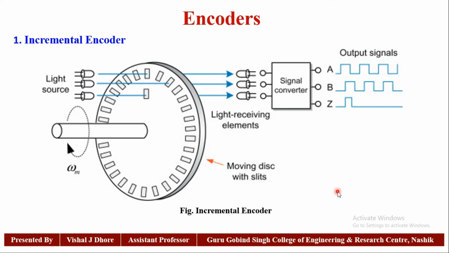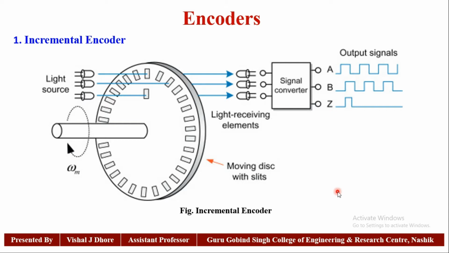Optical incremental encoders have become the most popular device for measuring angular speed and position within a motor drive or at the shaft of a wheel or steering mechanism. The incremental optical encoder has only one track of equally spaced slots.